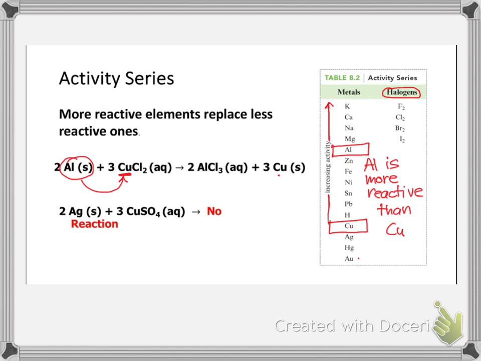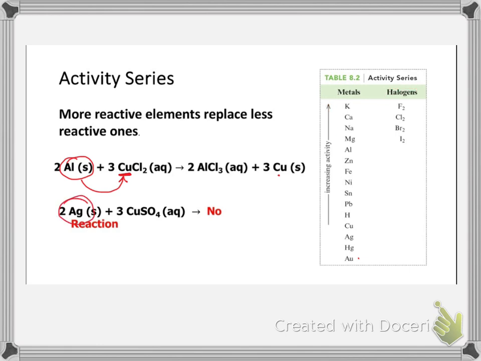Now, let's look at the other one. You can always rewind the video if you want to see that writing again. But I want to look here. So here's silver by itself. And silver is going to try to kick out this metal copper. Remember, metals have to kick out metals. They can't kick out other things. So silver is right here, and copper is above it. So no reaction. Why?